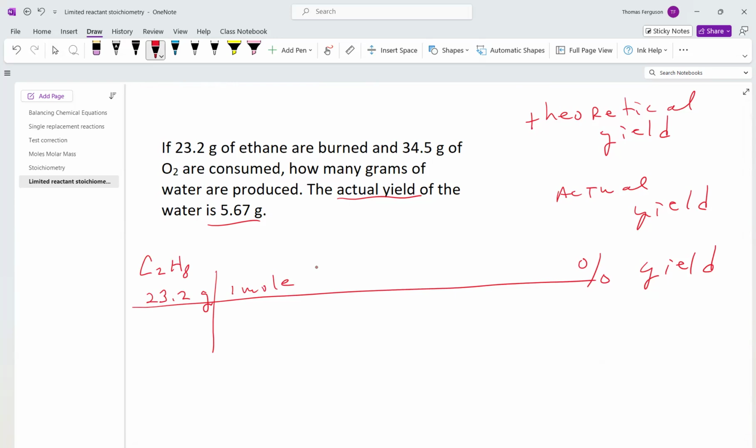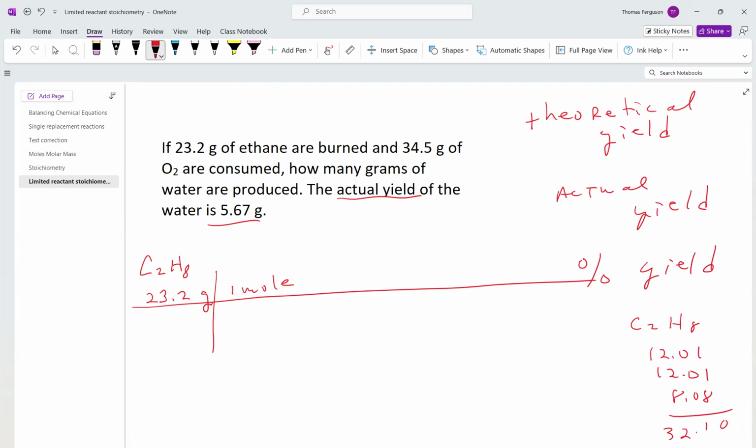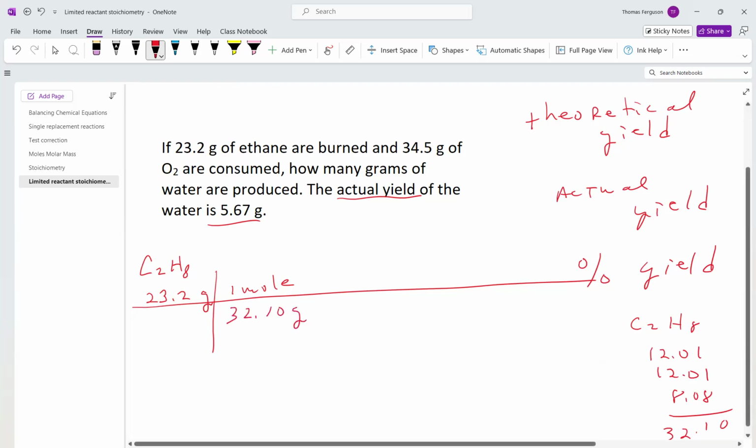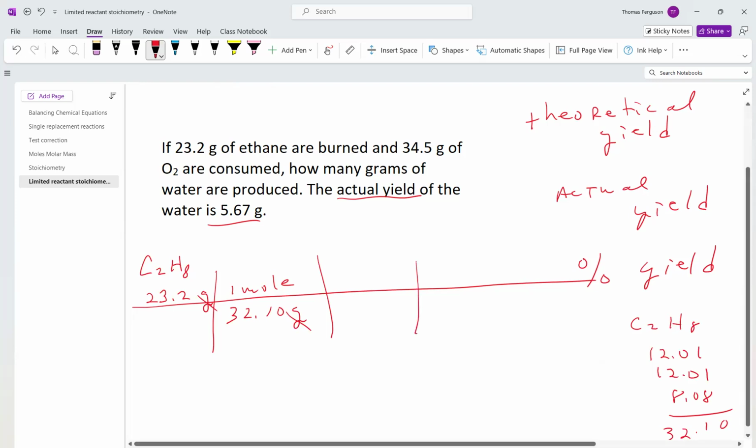So we need to figure out the molar mass of C2H6. Okay, that gets us to moles of ethane.